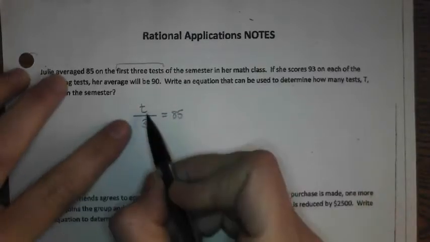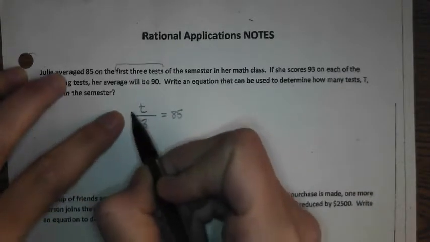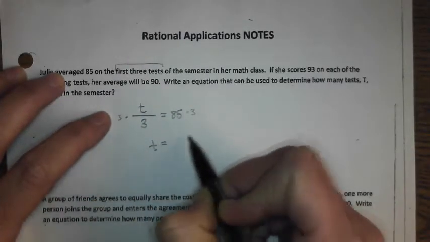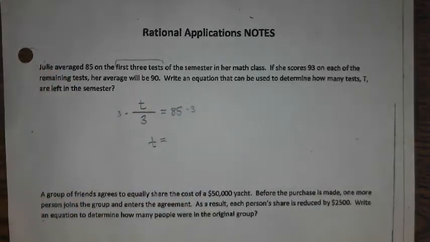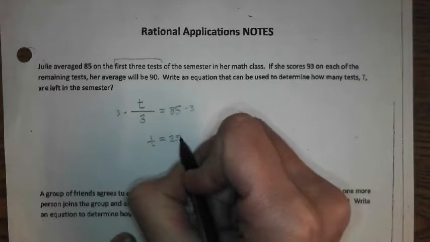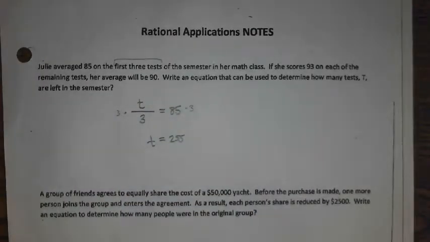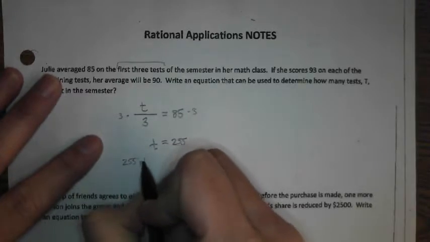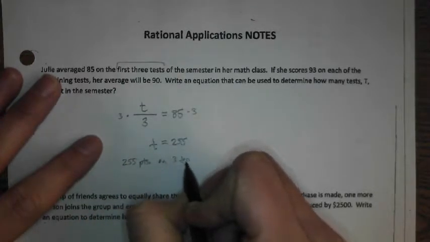The total points accumulated on those 3 tests, though, needs to be 85 times 3, which is 255. So far she's accumulated 255 points on 3 tests.